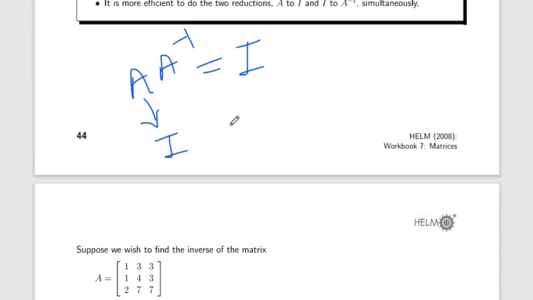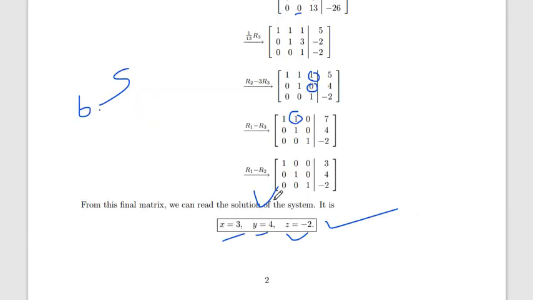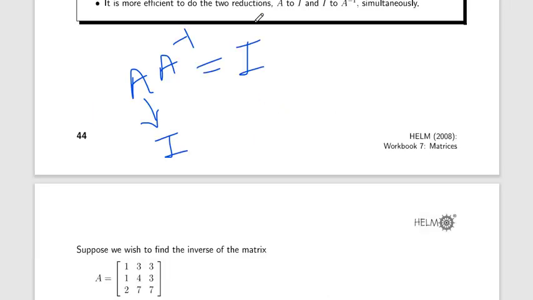Like in the previous method we have already seen, if the same operations R1, R2 and the same steps are applied to the identity matrix, then we get A inverse. Same operation, same position.